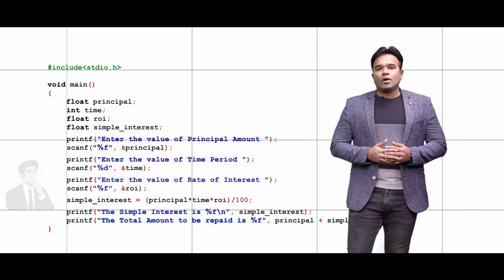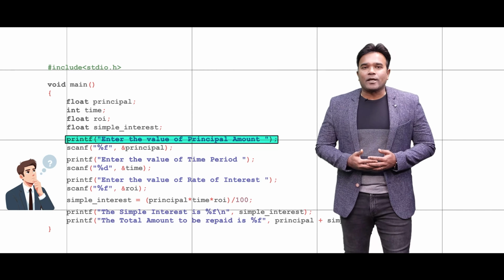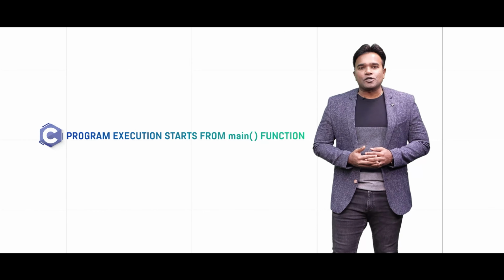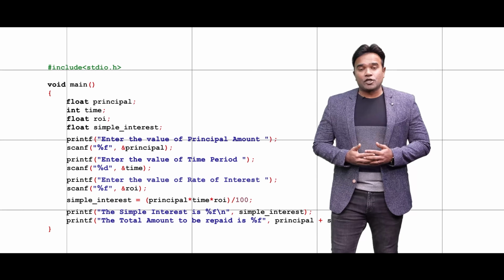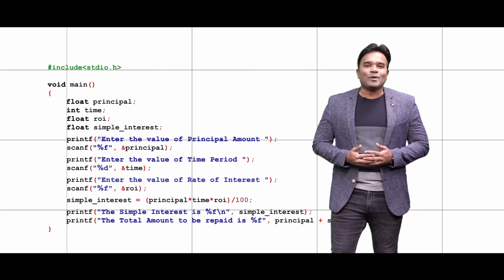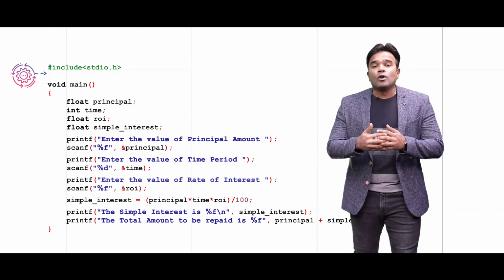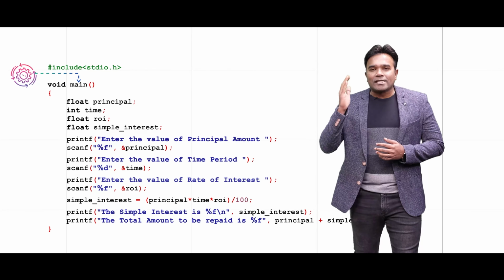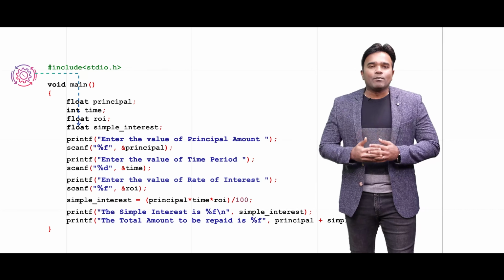And if you ask me who really begins the execution of that first statement, let me tell you, the execution of a C program always begins from the main function. And if you ask me who actually tells the main function to execute, it is the operating system which is going to hand over the control to the main function. And then the main function is going to execute every single line that is present within itself, line by line.